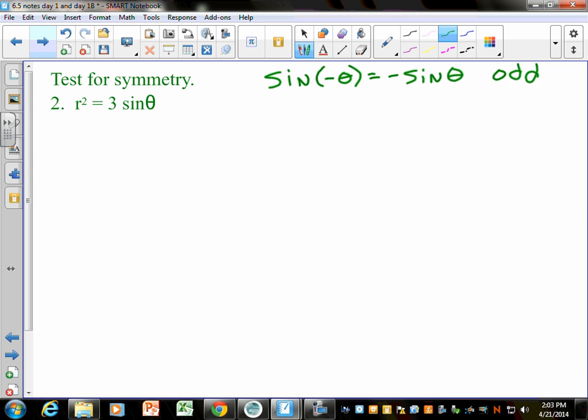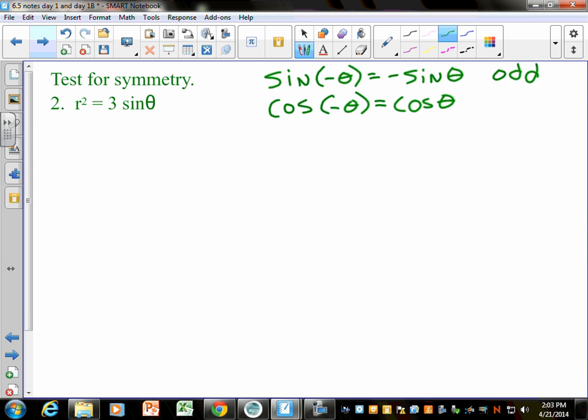But if you do the same thing to cosine, cosine is even, which means when you plug in a negative angle, you get the exact same value as if you plugged in a positive. So if you plug in a negative theta to cosine, nothing really changes. It's like r squared. And so you have to keep that in mind as you're doing these. Other than that, it's just plugging in.